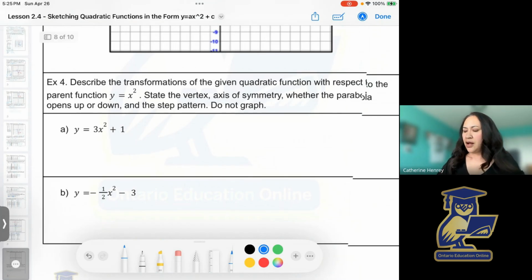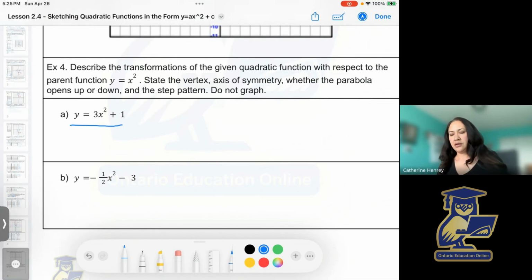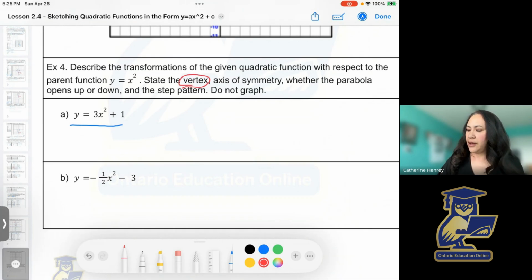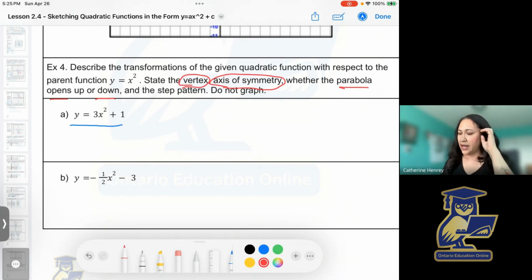So here I'm given y equals 3x² plus 1. So I'd like you to state the vertex, axis of symmetry, whether the parabola opens up or opens down, and the step pattern. But I don't want you to graph it. I just want you to be able to describe all of these things.